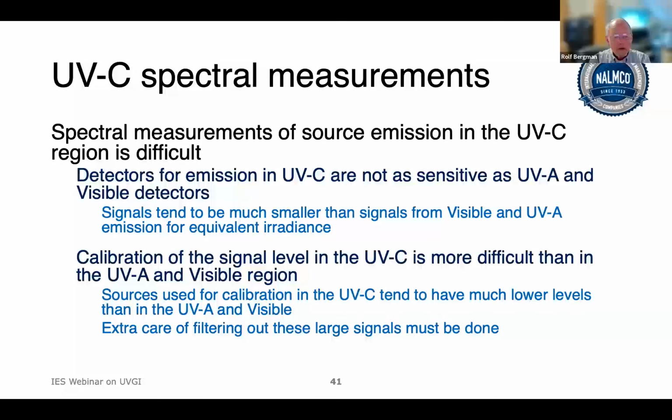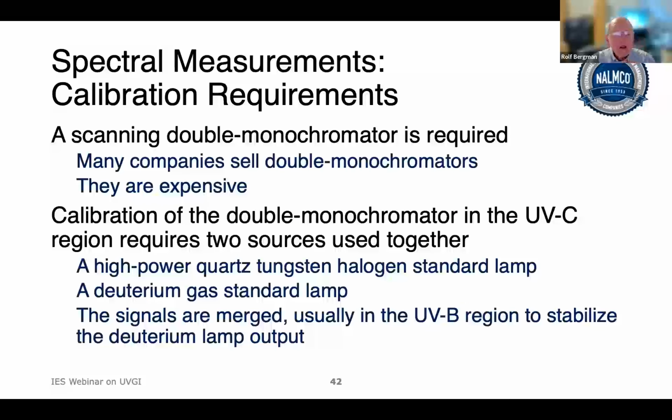And furthermore, calibration of the signal is more difficult. And sources used for calibration have much lower levels of a signal, and we have to filter out the unwanted radiation, just like we did for the standalone detectors. So that means a double monochromator is required.